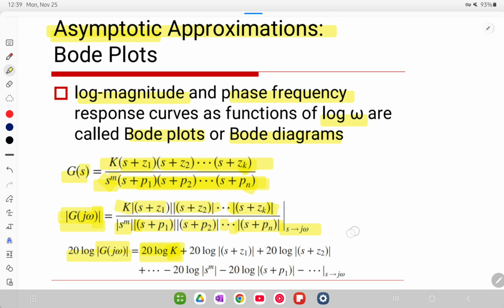The next portion is you add everything that's in the numerator. Anything in the denominator, including this S to the M term, absolute value of it, you subtract.